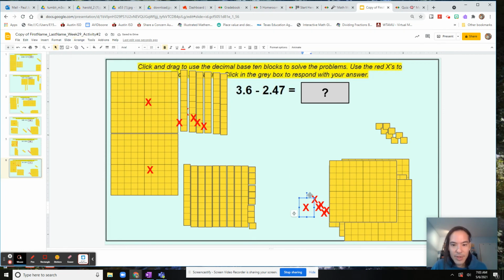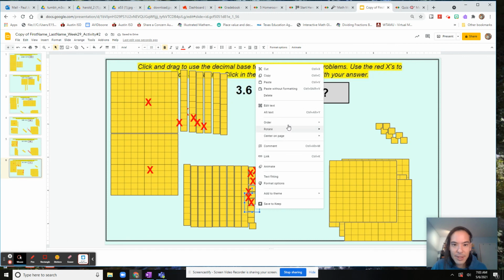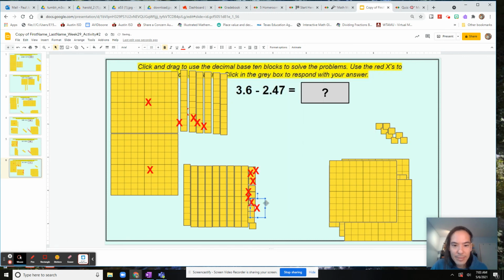So we're going to take out 7 hundredths as well. 1, 2, 3, 4, 5, 6. I need one more. 7. All right. So I took away 7 of the hundredths.